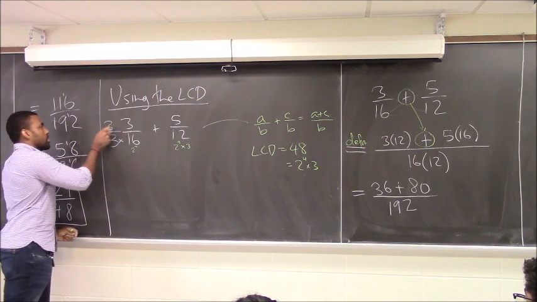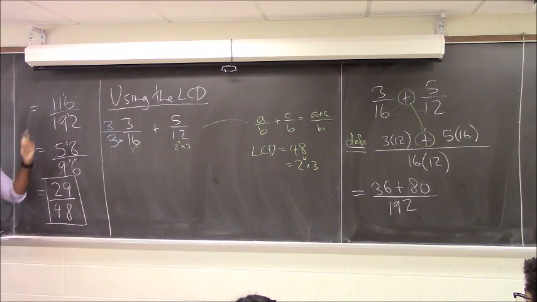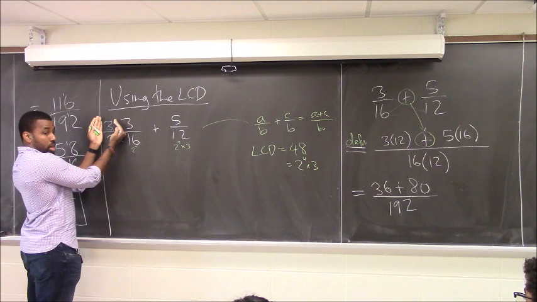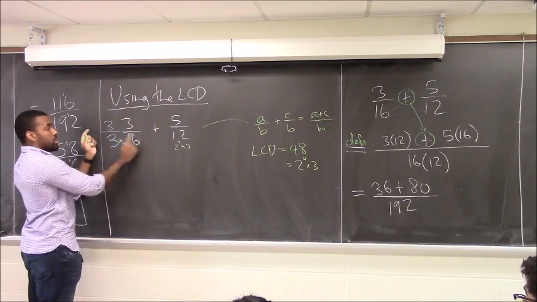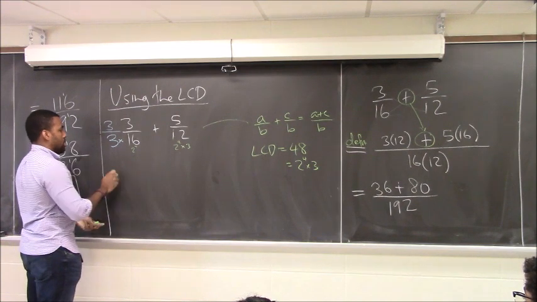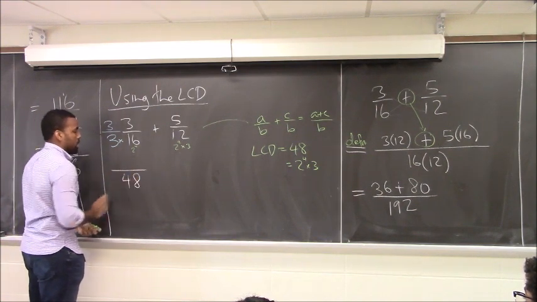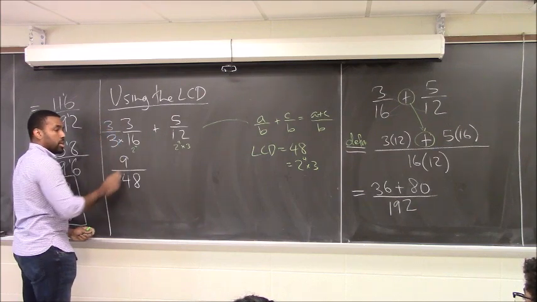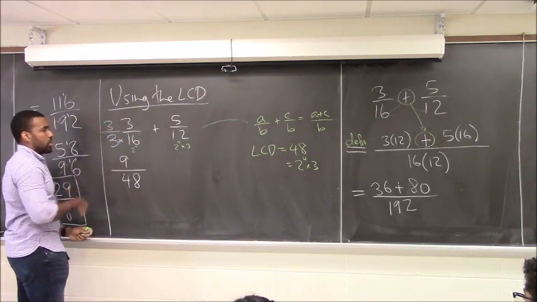So we multiply the denominator and the numerator at the same time by 3. So this is equivalent to multiplying by 1, so I'm not changing the value. All I'm doing is making the denominator behave a certain way. And so now that will make this denominator 48, right? The numerator will just be 3 times 3, which is 9, which we know how to multiply fractions.